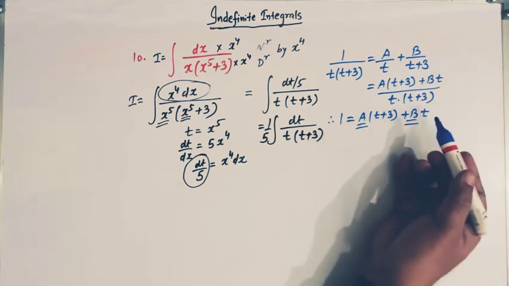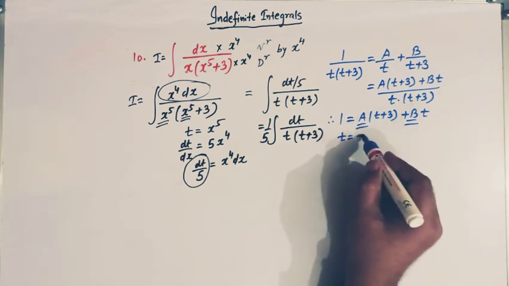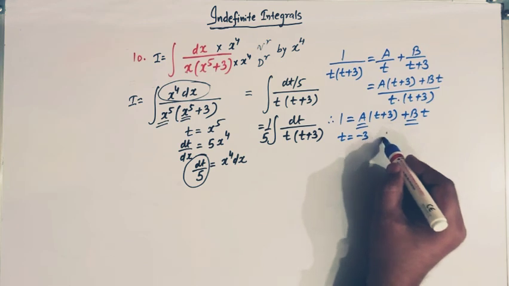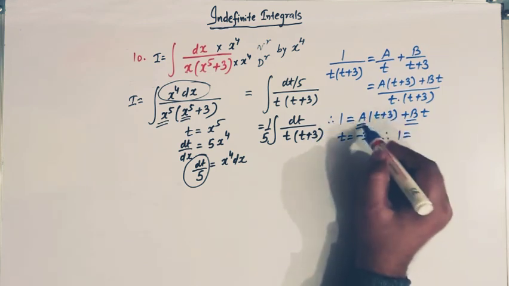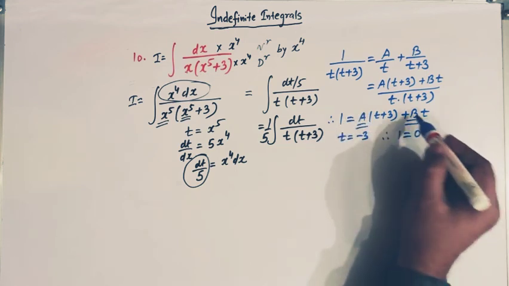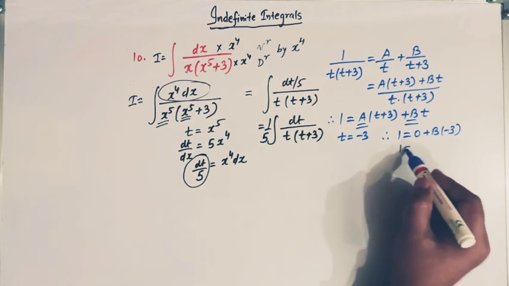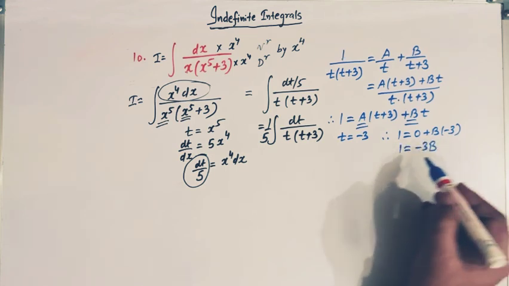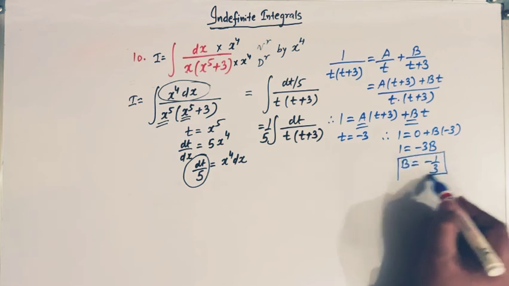So the quick method is we'll substitute t is equal to minus 3 here. So we get 1 is equal to this term becomes 0, and here we have b times minus 3. So we have 1 is equal to minus 3b. So b is minus 1 over 3, right?